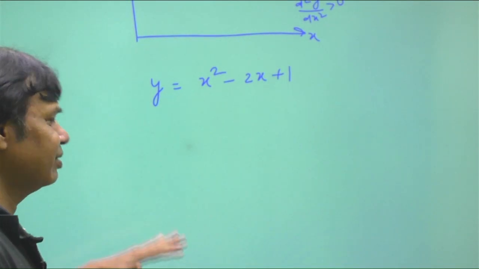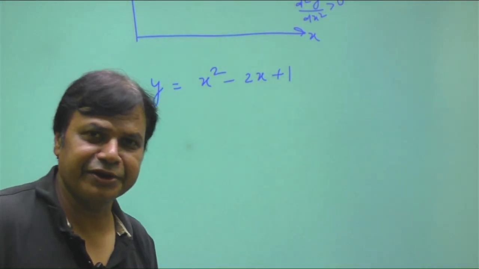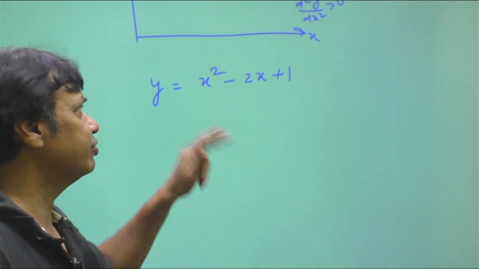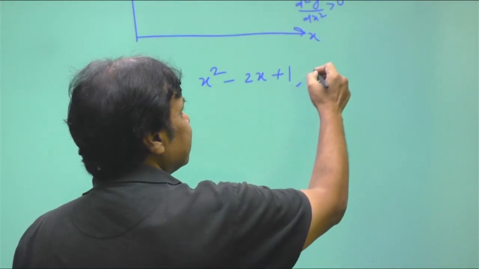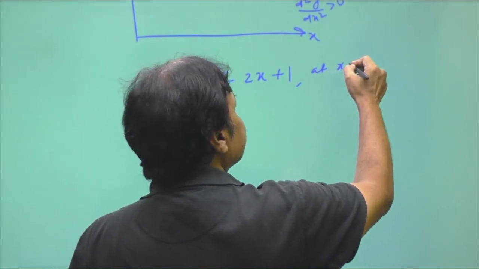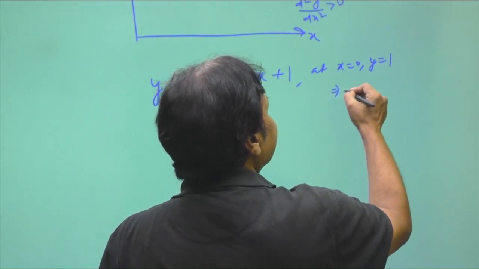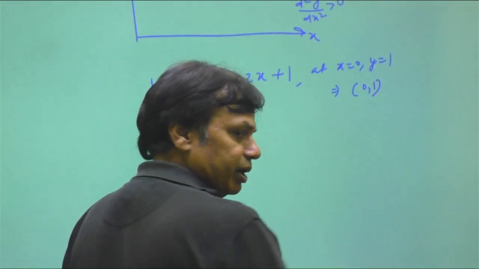First, I would suggest that you get a few points you can easily get. Put x equals 0, not y equals 0. Put x equals 0 and get the value of y. So you can see here that at x equals 0, y is equal to 1. So this point has the coordinate 0, 1.